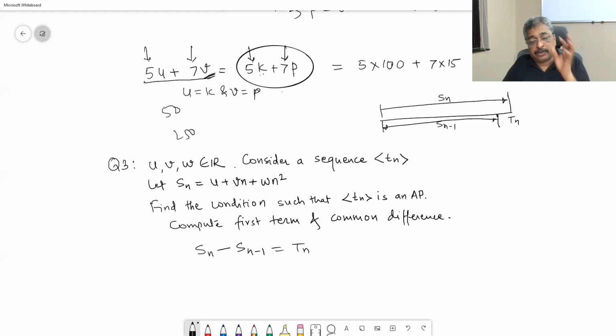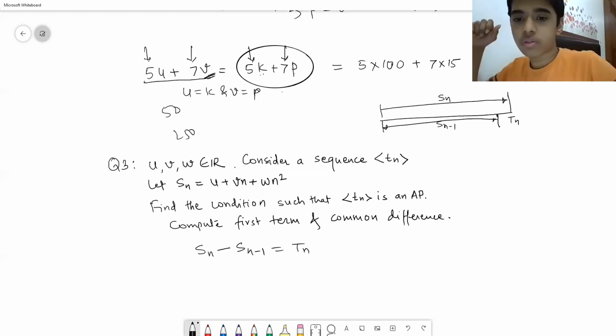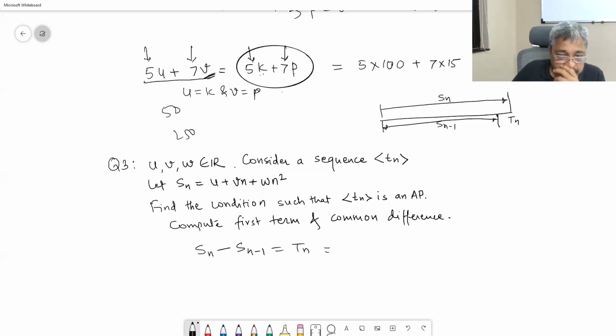Correct? Yes, sir. As per our formula, it is U plus Vn plus Wn square minus U plus V into n minus 1 plus W into n minus 1 bracket square.